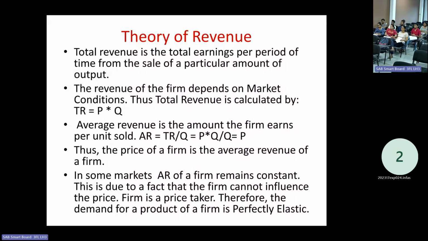Suppose a firm increases the price to get more benefits. Can that happen? If one firm increases the price, what happens?